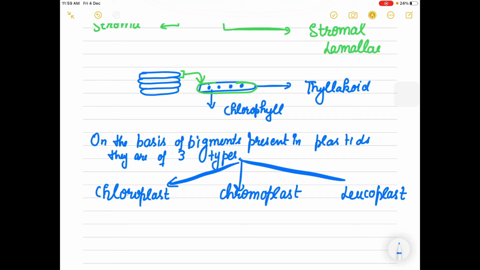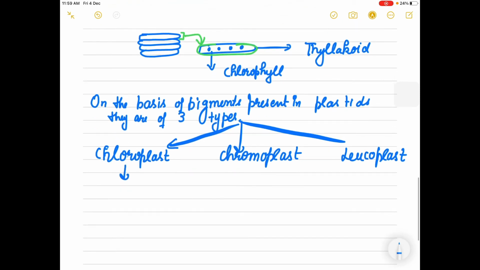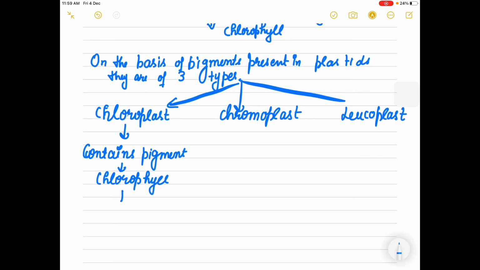Chloroplast, the most important one, contains the pigment chlorophyll. Chloroplast has the main pigment, chlorophyll, and chlorophyll is responsible for photosynthesis in plants.